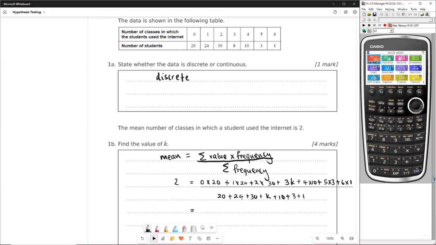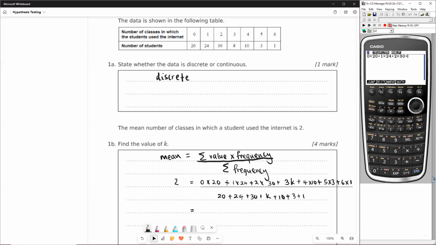So on your calculator, we're going to add up all the frequency times their values. As you will see, I'm going to skip 3k here because it's a variable term.